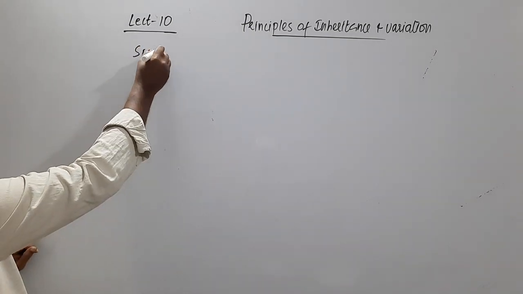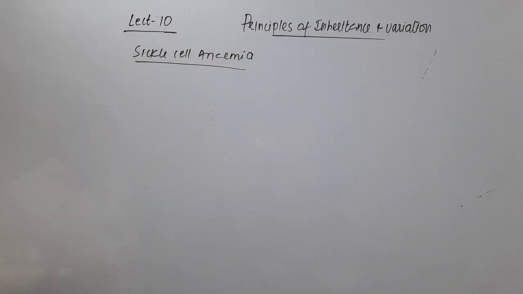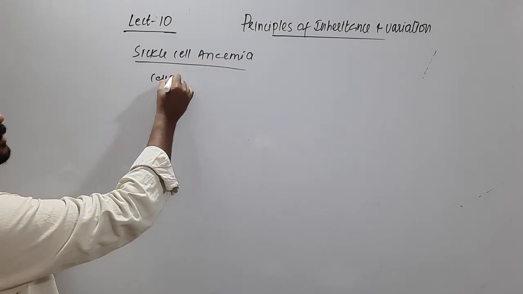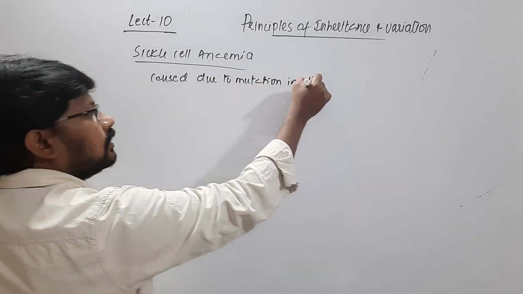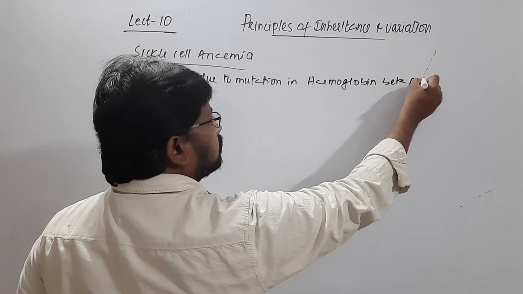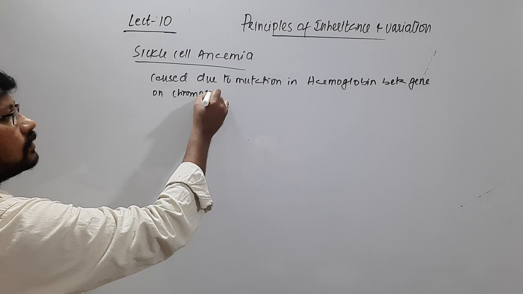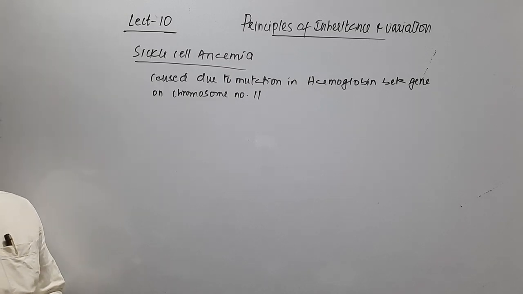This genetic disorder is caused due to a mutation in the hemoglobin beta gene that is located on chromosome number 11.